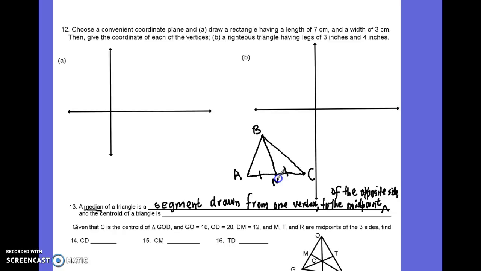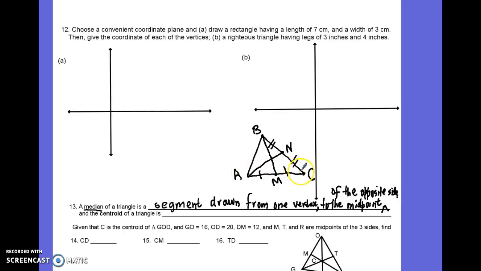So BM would be a median. Here's another one. We could draw one from vertex A to the midpoint of BC. Let's call this midpoint N. So AN would be another median.